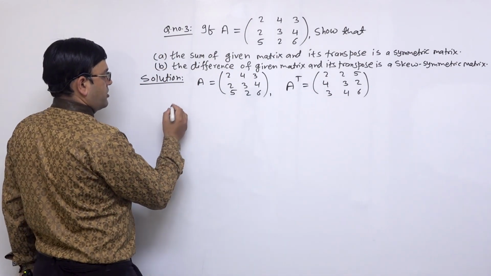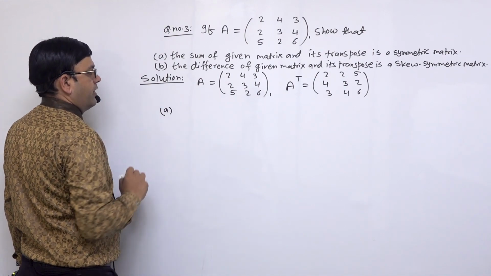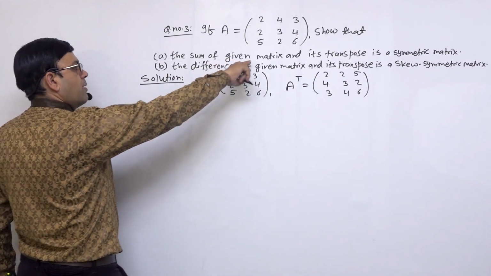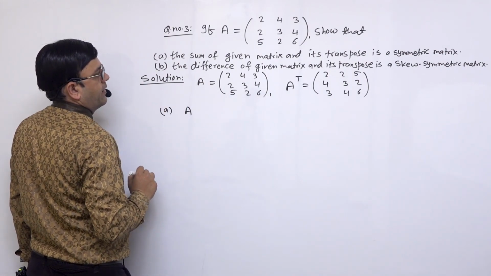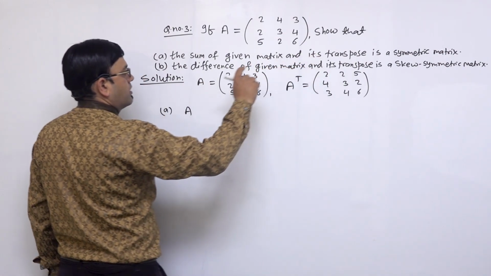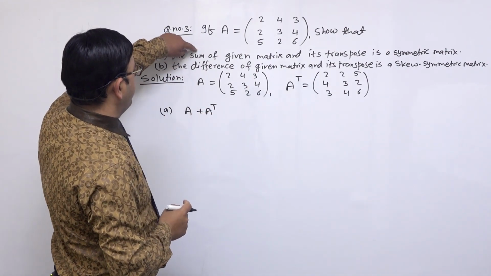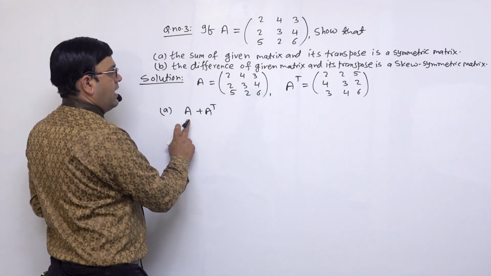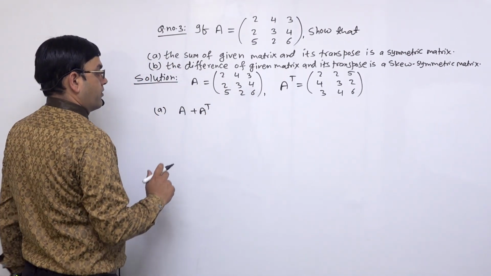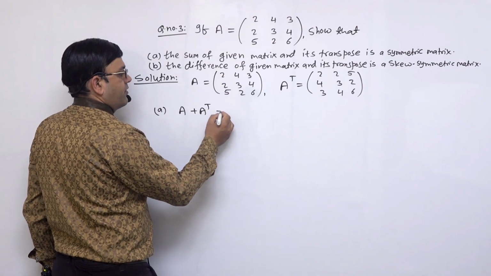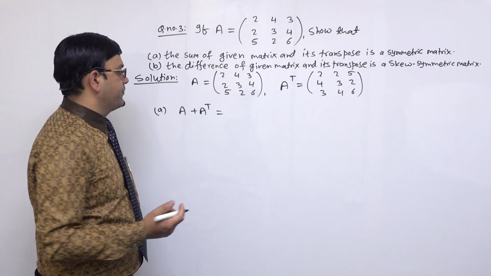Now, first, the answer of part A is the sum of the given matrix A and its transpose, A plus A transpose. The sum of the given matrix A and its transpose, A plus A transpose, is a symmetric matrix. So let's first find this matrix and then we'll check whether it is a symmetric matrix or not.